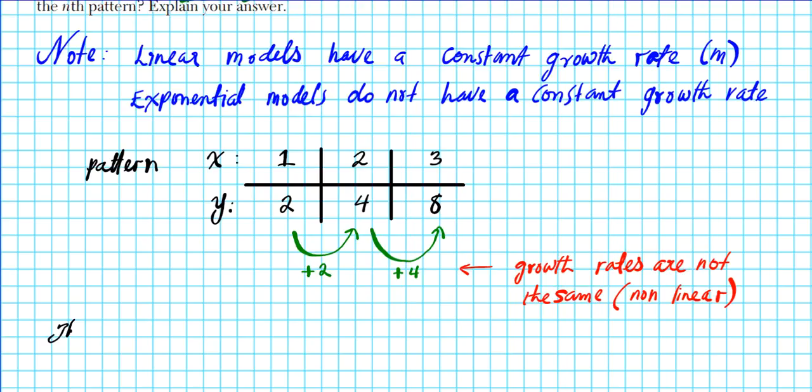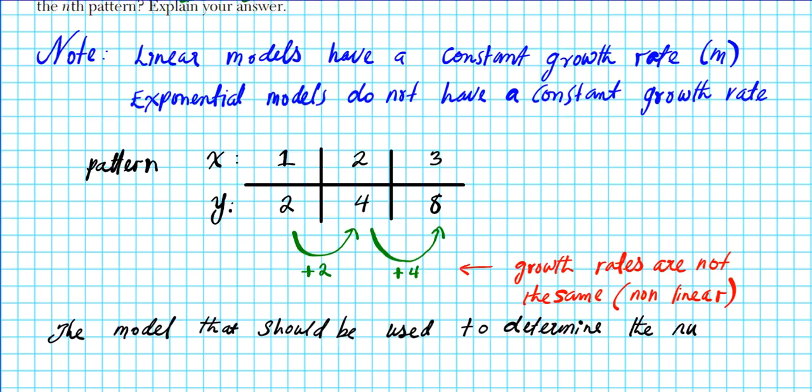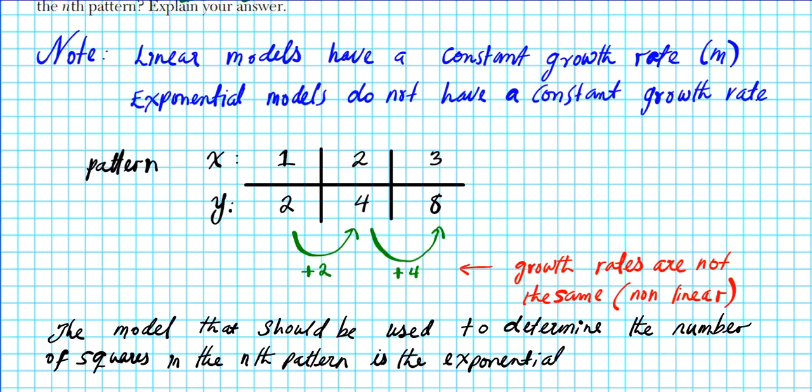So the growth model, the model that should be used to determine the number of squares in the nth pattern is the exponential model. So that's our answer, okay?